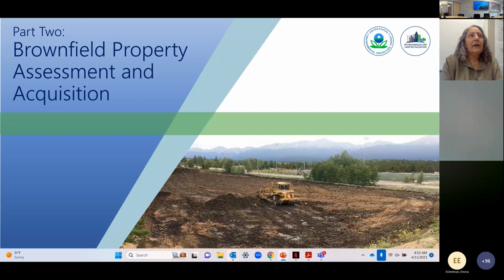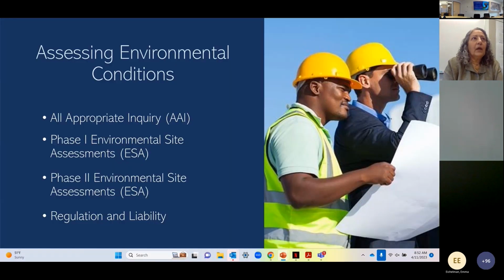So now I'm going to talk a little bit about property assessment and how you go about assessing environmental conditions on a property. This is undoubtedly very familiar to a lot of people on this call.